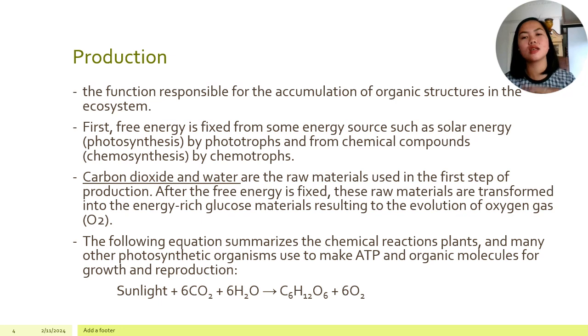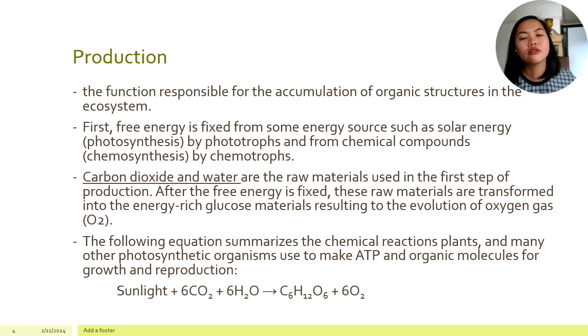In photosynthesis, the plants or producers use carbon dioxide and water, and they use the energy from the sun to transform these raw materials into usable forms or organic compounds, nutrients, for their own consumption and for the other consumers. So carbon dioxide and water are raw materials used in the first step of production.